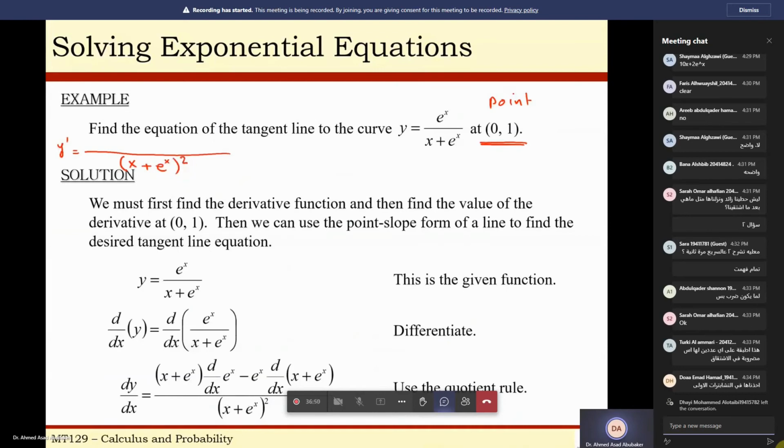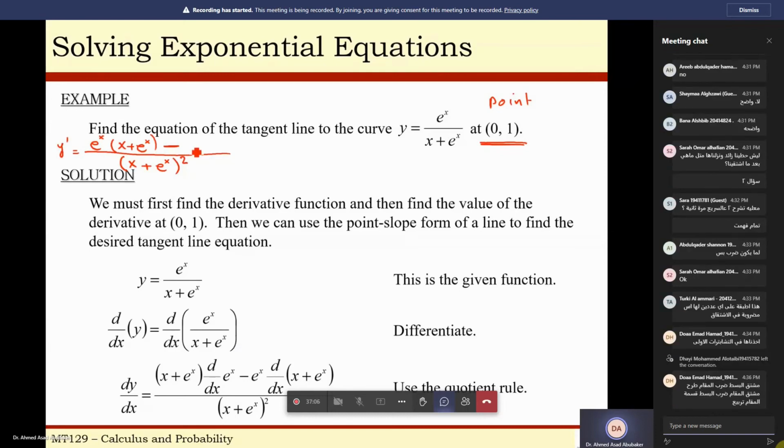Okay, and in the numerator, the derivative of the numerator, e^x, multiplied by the denominator, x plus e^x, minus, from the quotient rule, this is minus the numerator as it is, and the derivative of the denominator, 1 plus e^x. Okay, this is the derivative y prime in case what? In case we have the fraction.